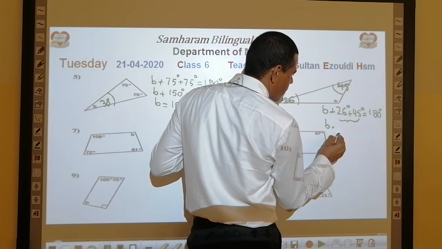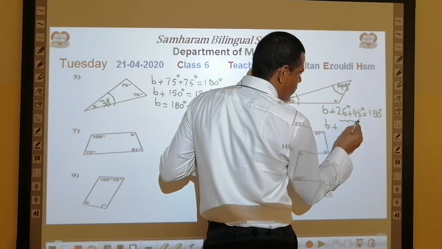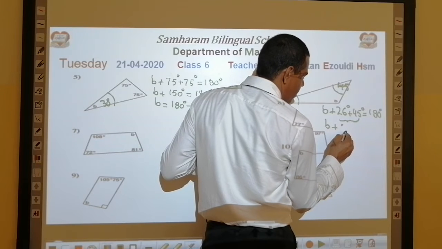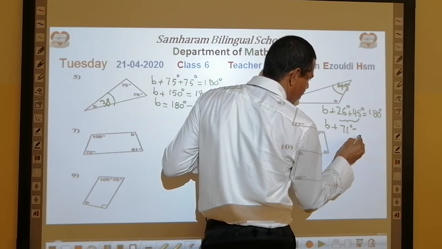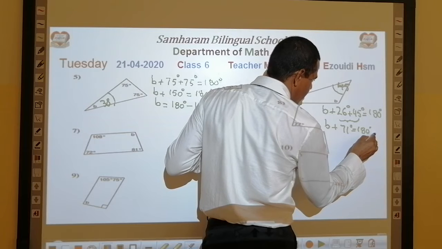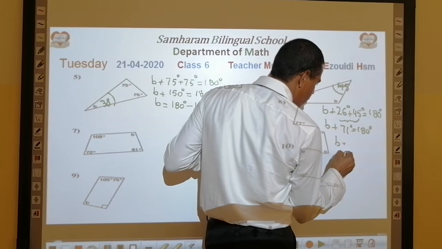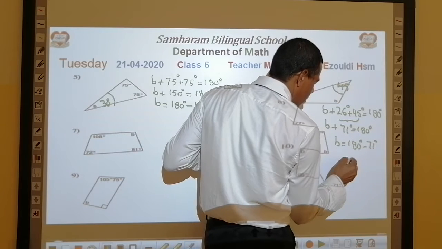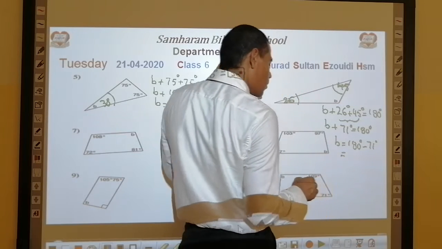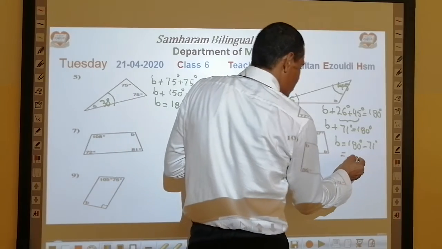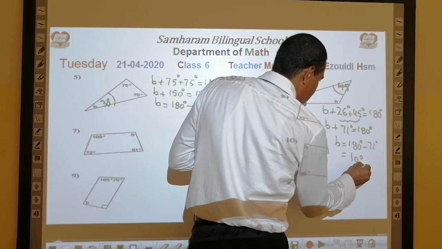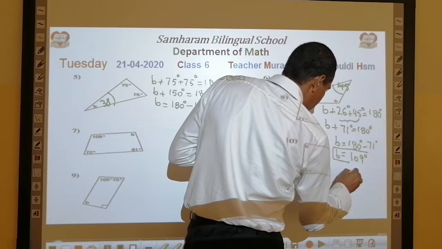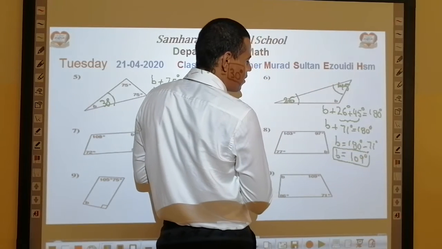I will make b plus 40 plus 20, 60. 60 plus 11 is 71 degrees, equal 180. So b equals 180 minus 71, equal what? Equal 109 degrees. So b equals 109 degrees.